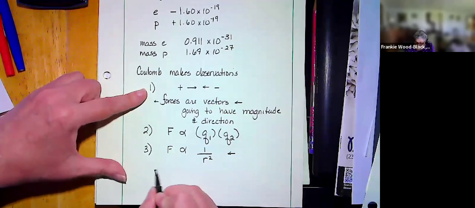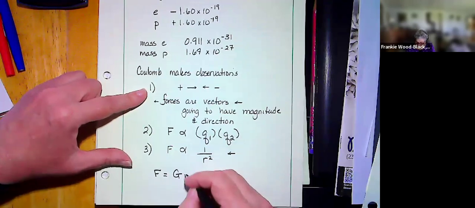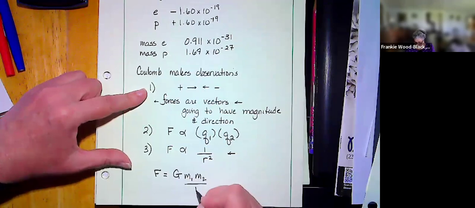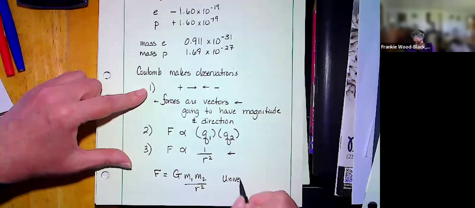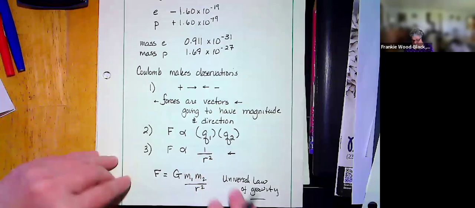Remember that the force due to gravity is Newton's gravitational constant, mass 1, mass 2 over r squared. This is the universal law of gravity. So we get that real important parallel here.